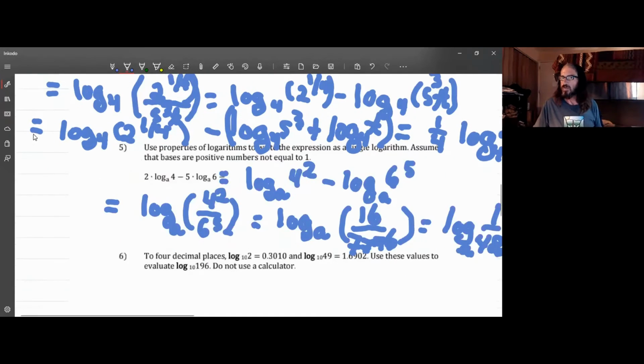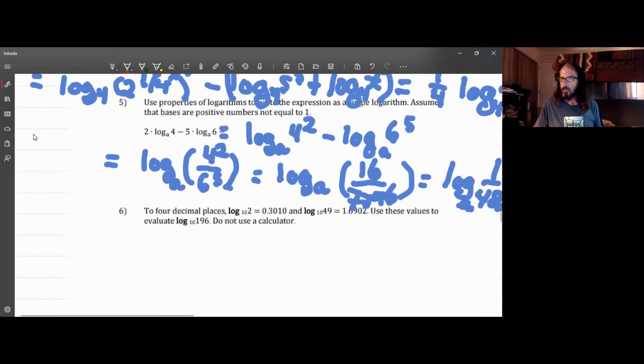And for this last one, without using a calculator, if the log of 2 in base 10 is 0.3010, and the log of 49 in base 10 is 1.6902, let me do a little erasing so I can read that for sure. Yep, 1.6902. Then evaluate log of 196 in base 10.